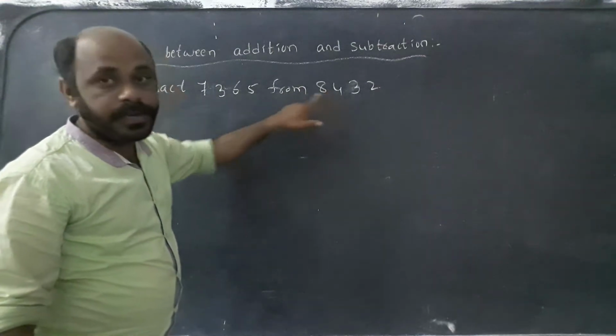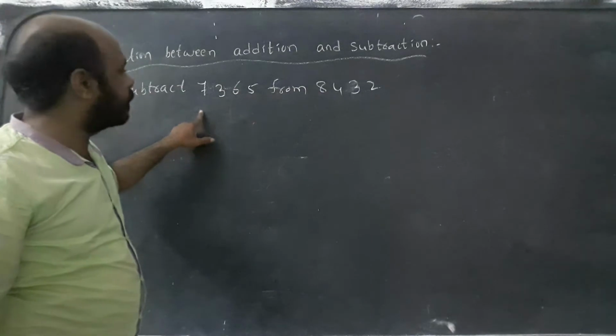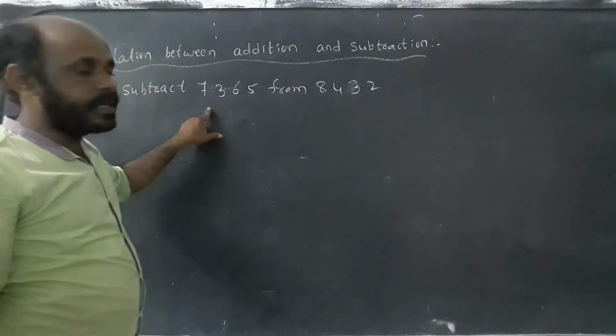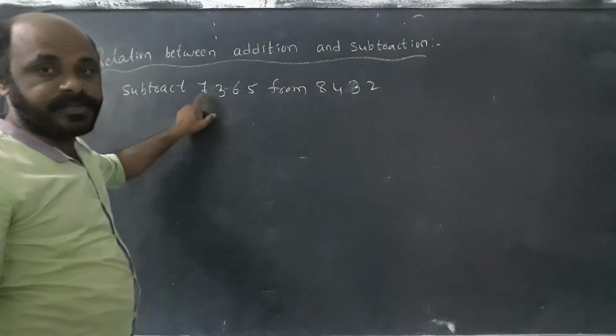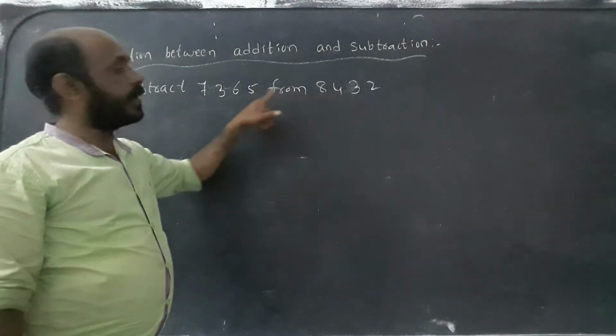See, from this number we have to subtract this number. Some children make a mistake. They write this one first and the next one after. Not like that. We can compare the numbers.